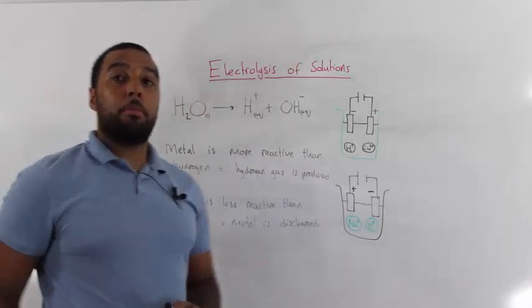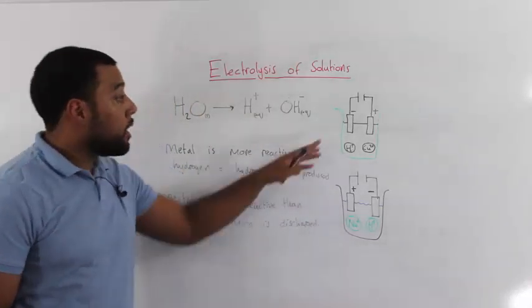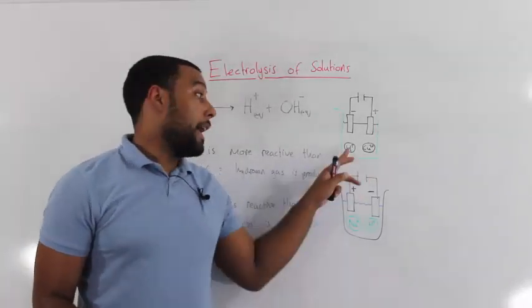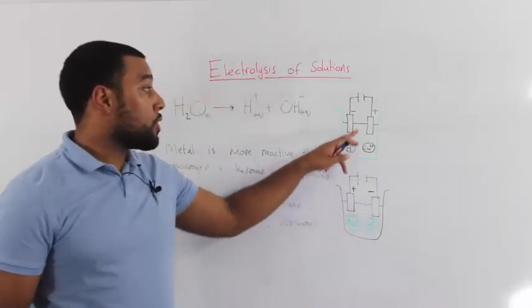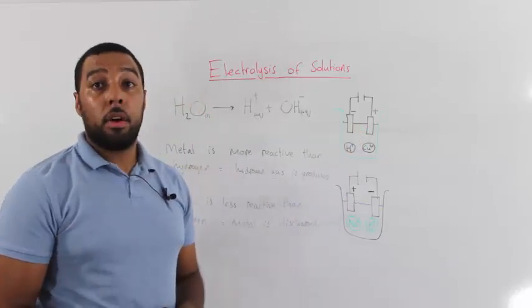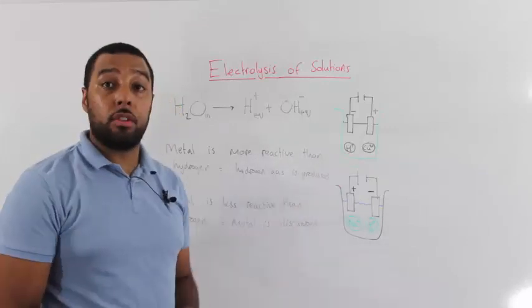So let's take a look at a practical example for you guys to take a look at here. Here we've got a solution containing some copper ions and some hydrogen ions. Both of these ions will be attracted to the negative electrode, but copper is less reactive than the hydrogen.